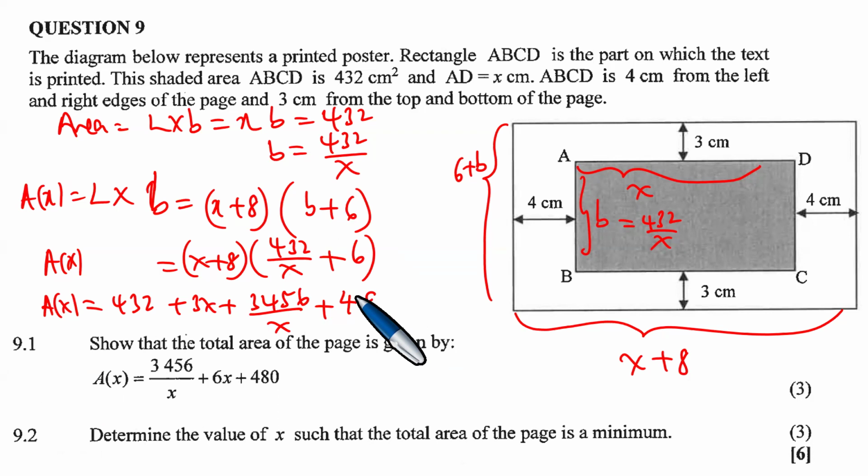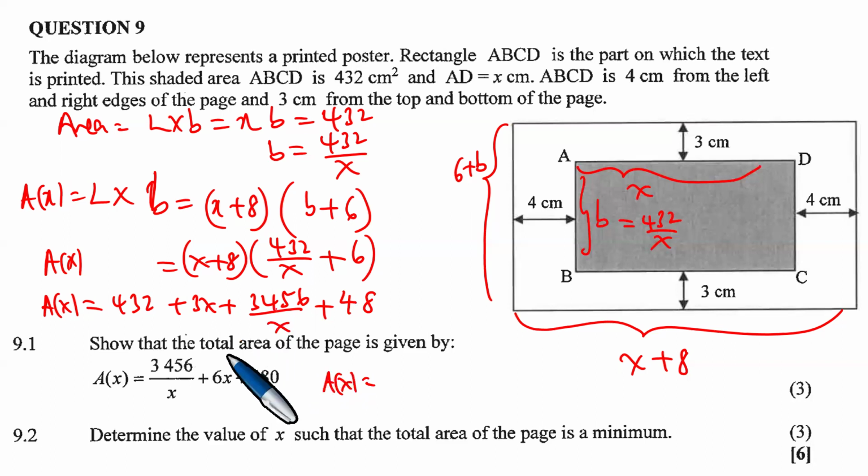Now what do we get? The area f of x: 432 plus 48 is 480.